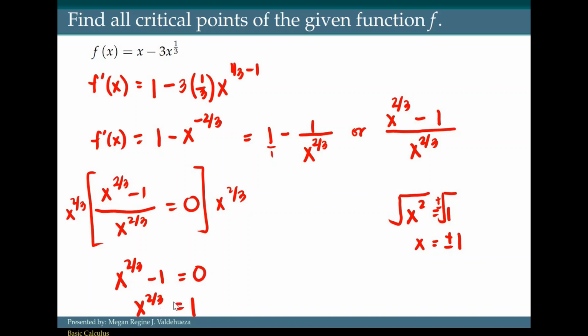So if we have x to the power of 2/3 equal to 1, or another way of writing this from x squared equal to 1, we will raise this to an exponent 1/2, also the other side of the equation.